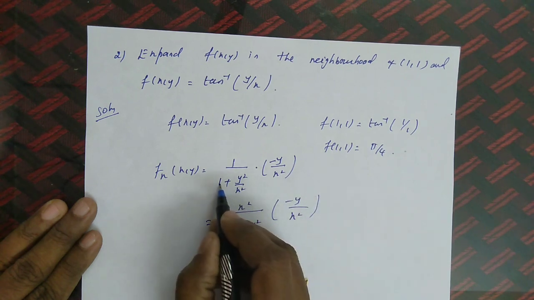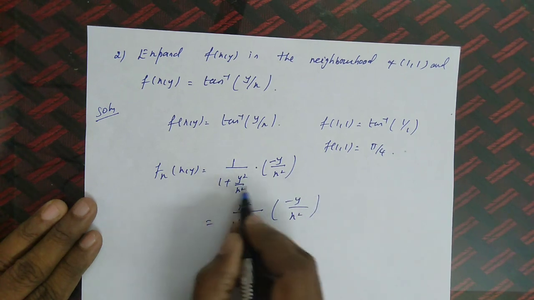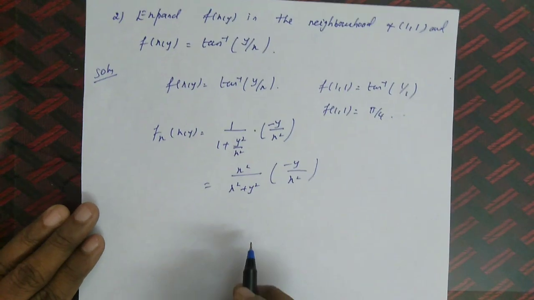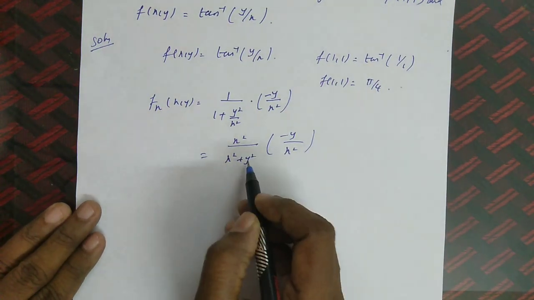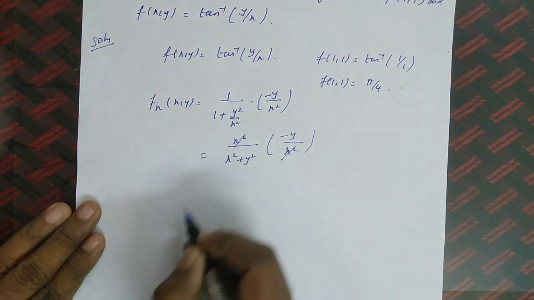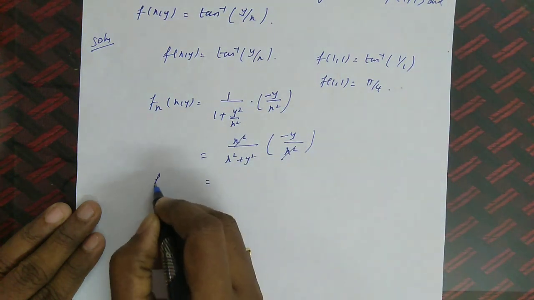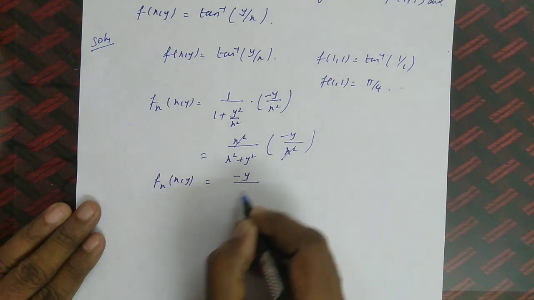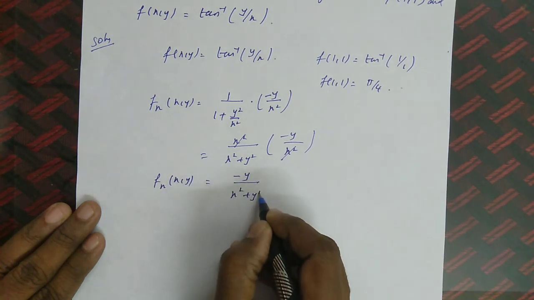When taking the LCM, the x square goes into the numerator. Now we can cancel the x square.